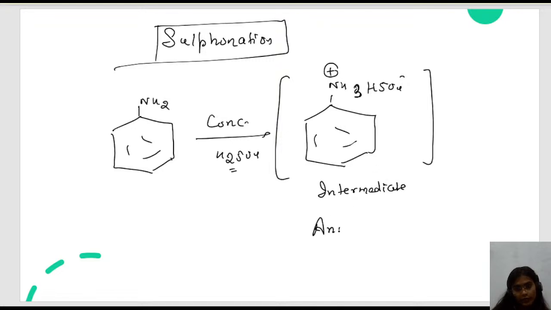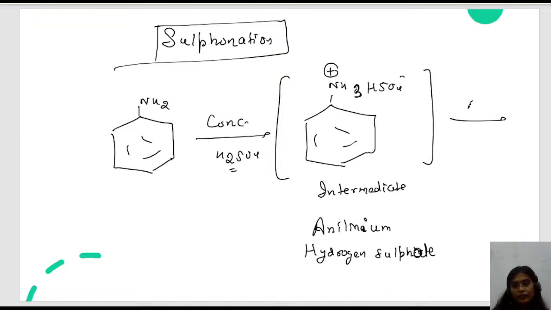And if I'm talking about the name, this is known as anilinium hydrogen sulfate.